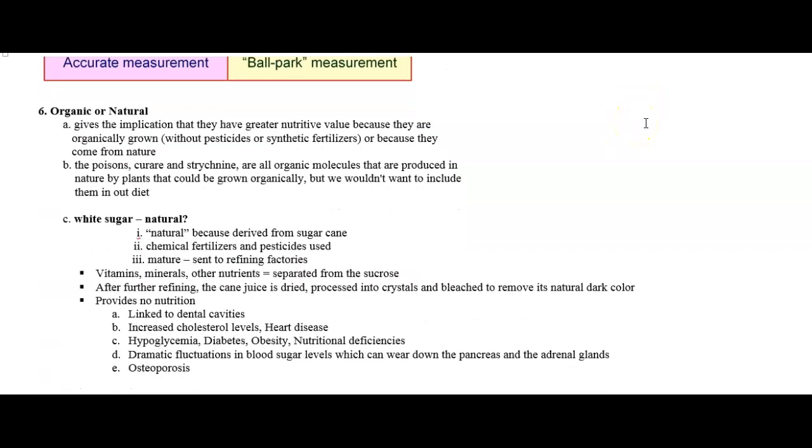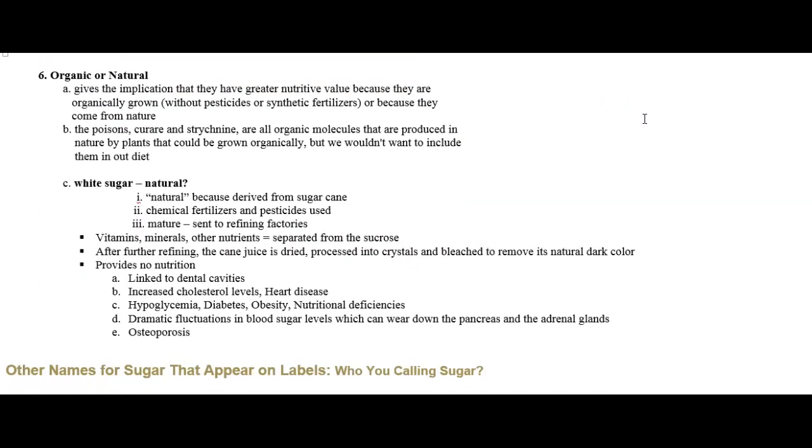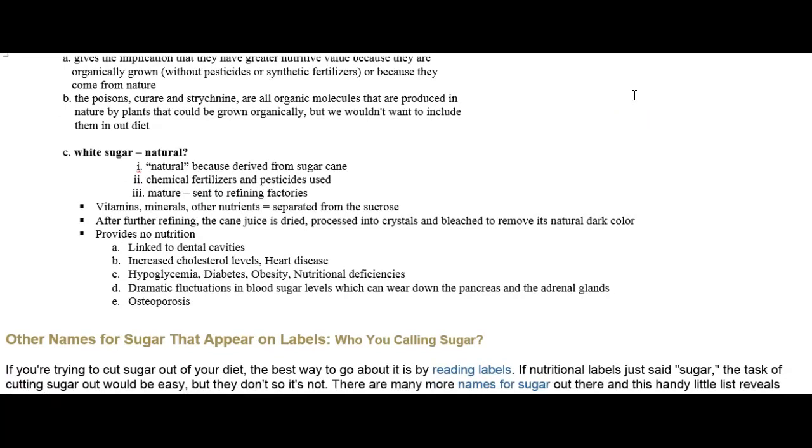Organic or natural? Sometimes organic is better. You have to look at other things besides just being organic. White sugar. Is white sugar natural? The reason it's called natural is because it is derived from a natural substance, which is sugar cane. Chemical fertilizers and pesticides may have been used if it's not organic.